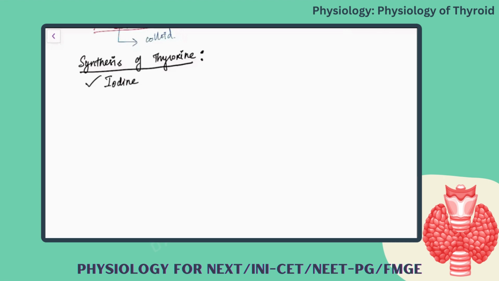Okay, why is this iodine to be considered a major factor in the case of pregnant women? Because with the help of this iodine only, we are going to get the thyroid hormone. And this thyroid hormone has a major role in the growth of the nervous system of the fetus. Okay, the neural synapse, the neural plasticity, the junction between one nerve and another nerve, we term it a synapse.